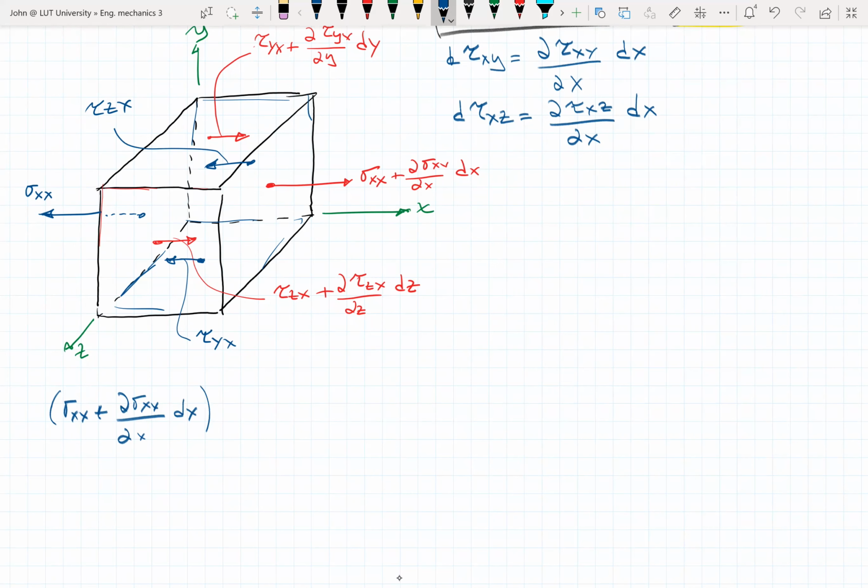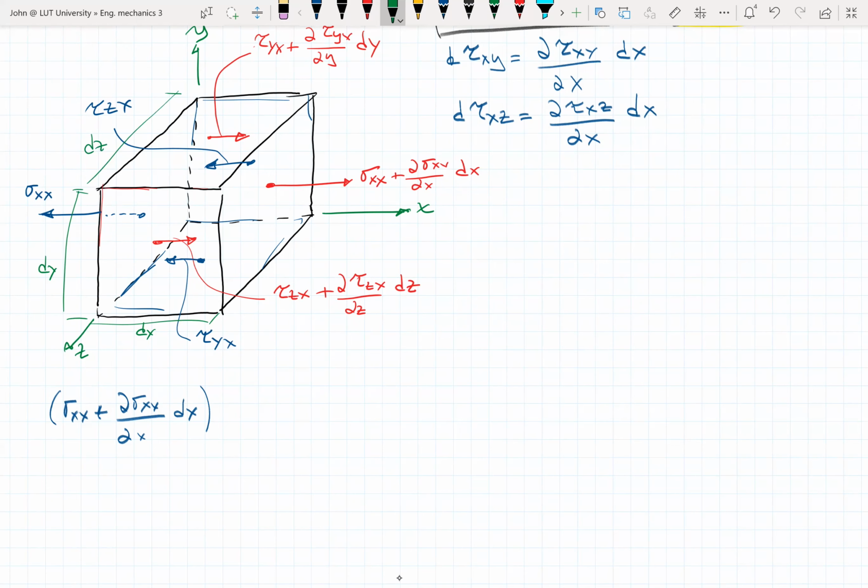Again, we're talking about forces, and to convert these stresses into forces, I need to multiply the stresses times the area where those stresses are applied. To make sure, let's say this distance here is dx, this height here is dy, and this depth here is dz.